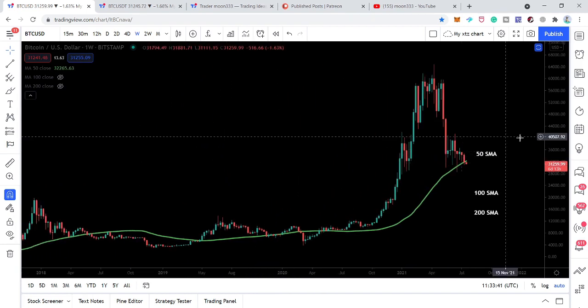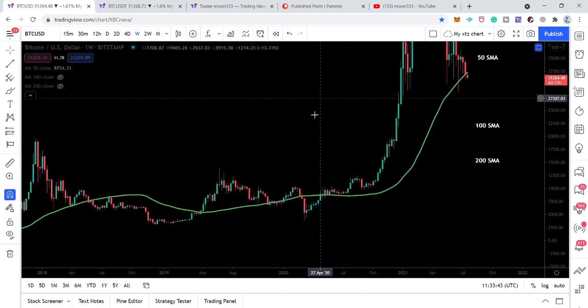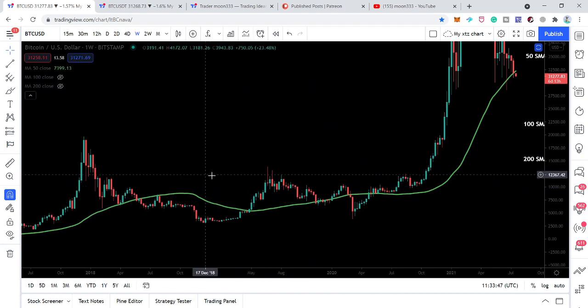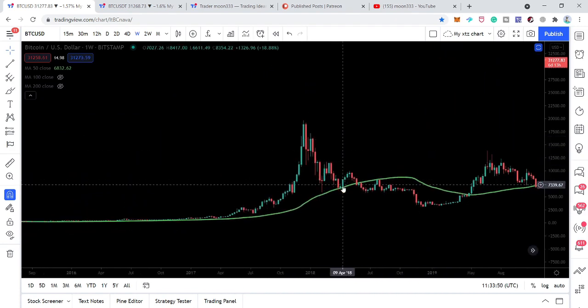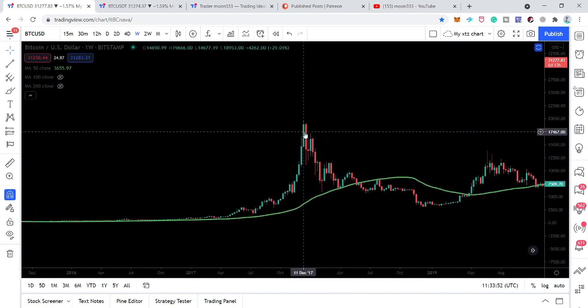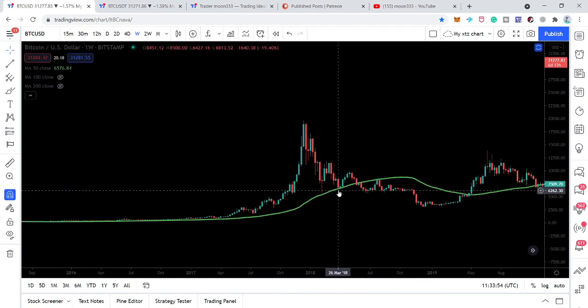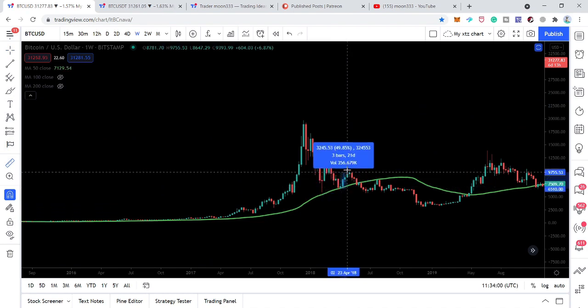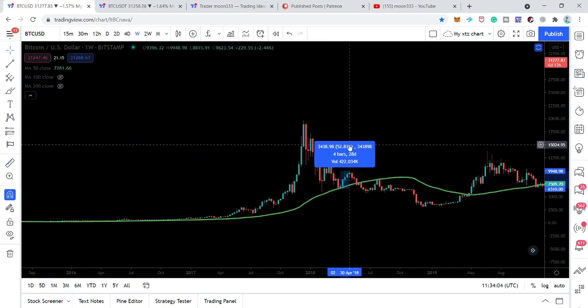Let me just show you again. We have seen one example here before March 2020, and before this it happened here. After this bull run of 2017, the price action dropped down, hit the 50 simple moving average, and if I place this measurement tool here, we can see that this was more than a 52% rally.